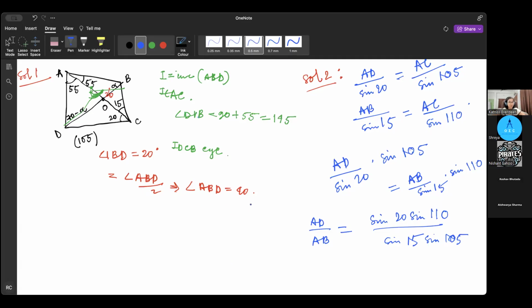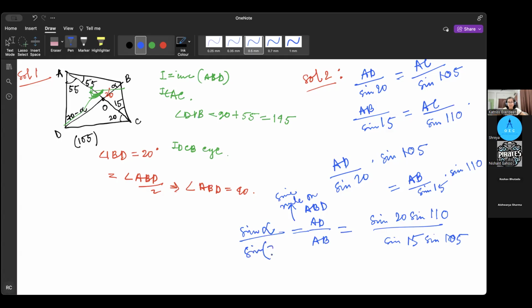Yes. Okay. Also, by the sine rule in ABD, what can you say AD by AB is? Sine B upon sine D. It's the opposite. Yeah, sine alpha by sine 70 minus alpha.